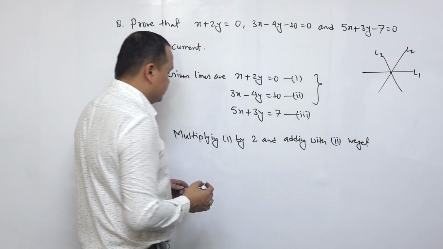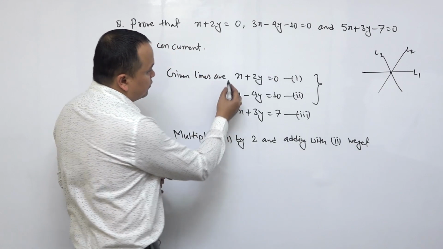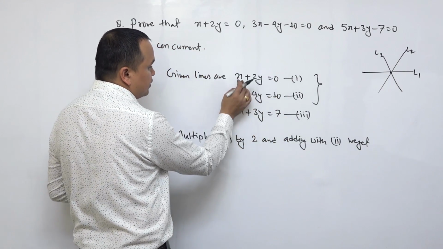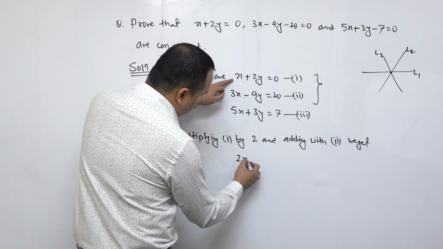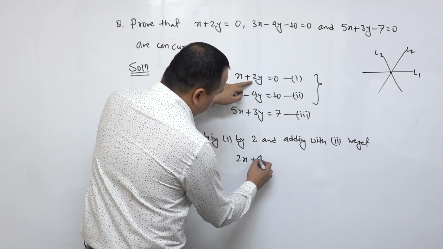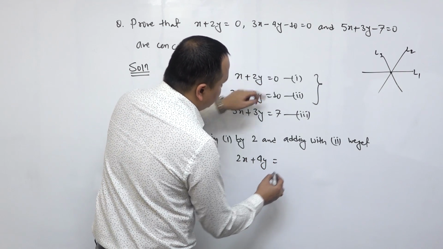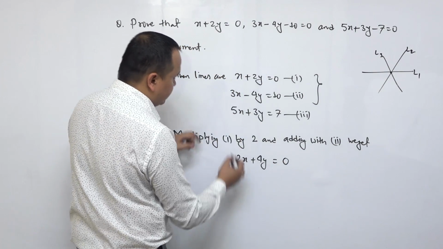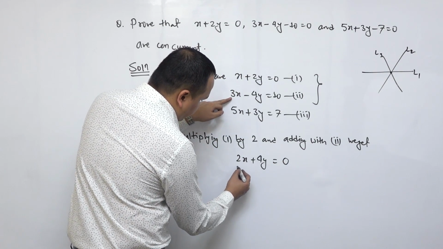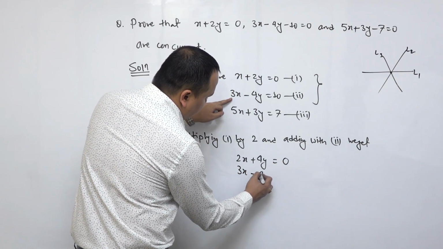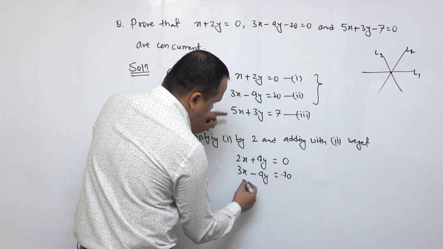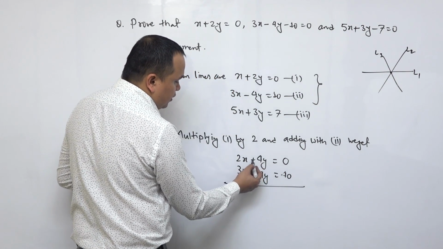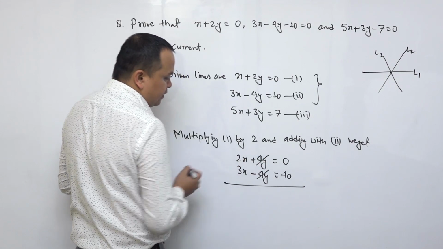we get, multiplying equation I by 2, this is 2x plus 4y is equal to 2 into 0, 0. Adding with II, 3x minus 4y is equal to 10. The plus 4y and minus 4y cancel.